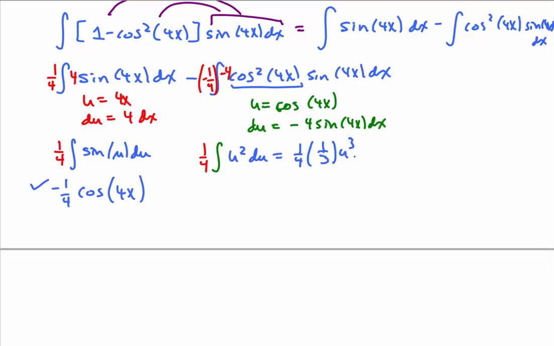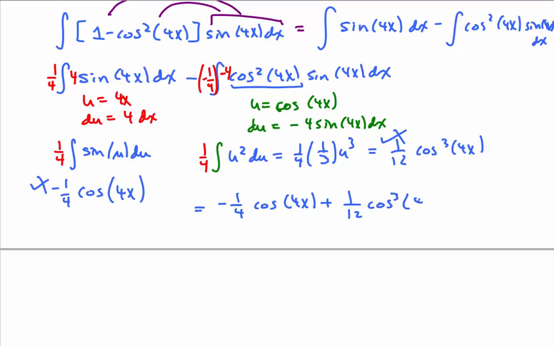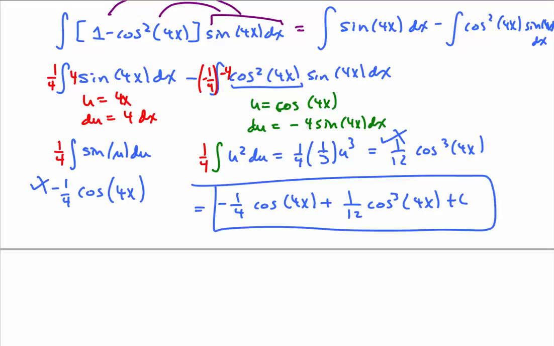But I know what u is. U was cosine, so this would be cosine cubed of 4x. So I have these two pieces here. So rewriting our solution, I'd have a negative 1/4 cosine of 4x plus 1/12 cosine cubed of 4x as my solution, and of course my constant of integration. So this is my solution.